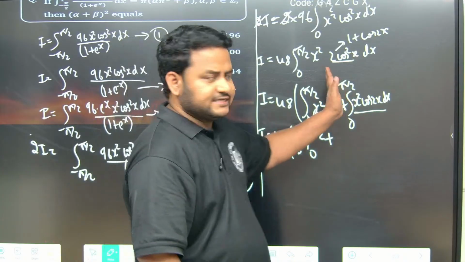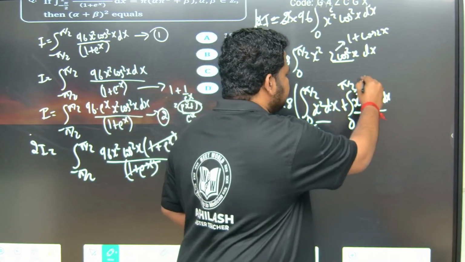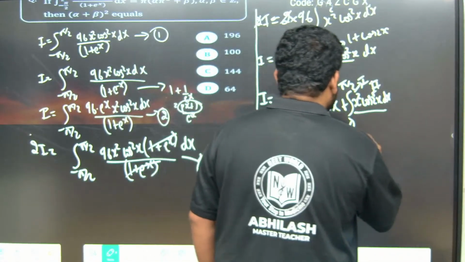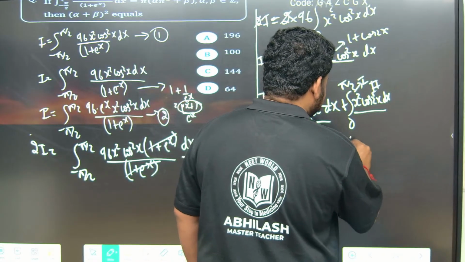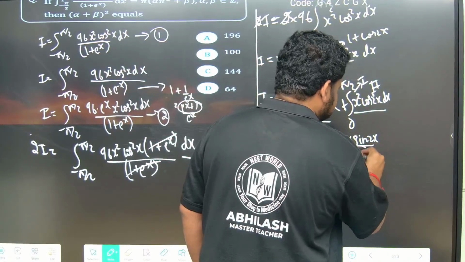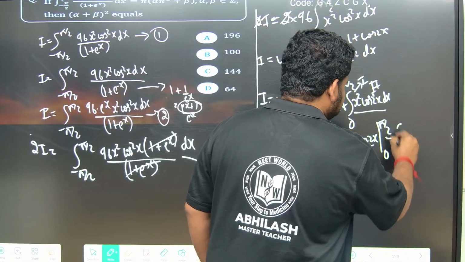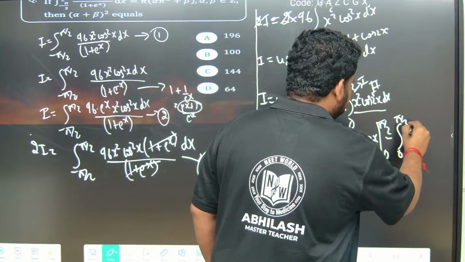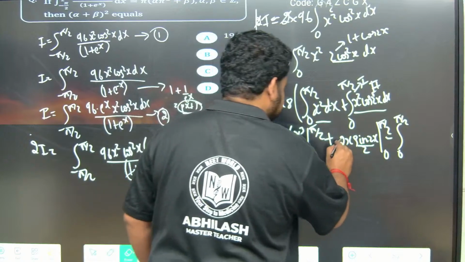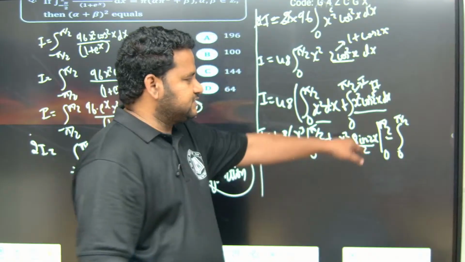On applying this integral here, I have to apply integration by parts. This is the first function, this is the second function. So this will become x square into integral of cos 2x, which is sin 2x by 2. Don't get confused, this is integration. Sin 2x by 2, 0 to pi by 2, minus integral of 0 to pi by 2.